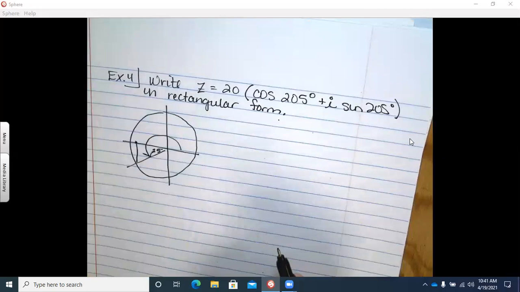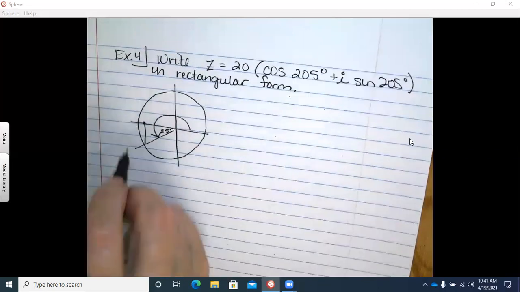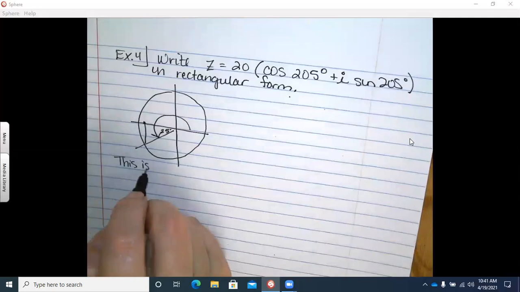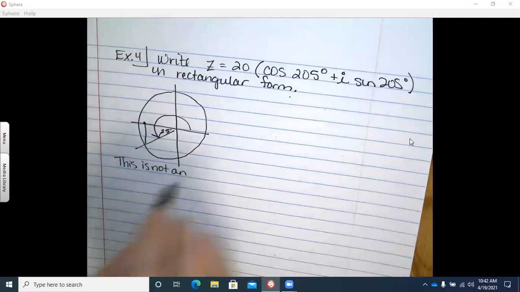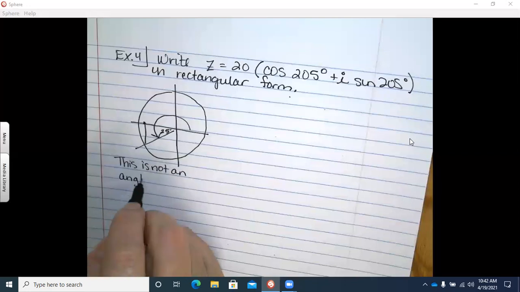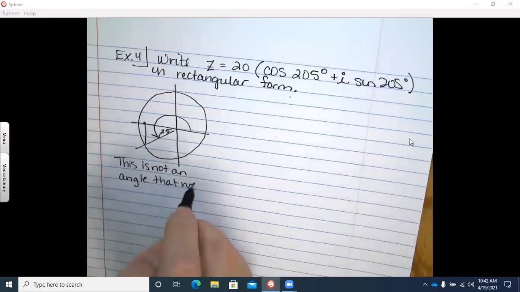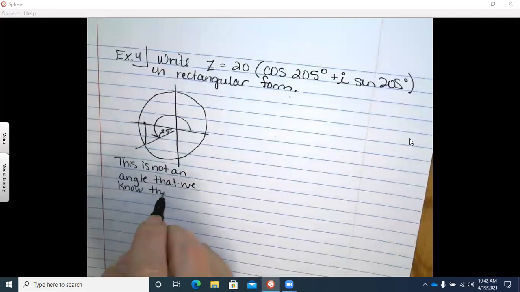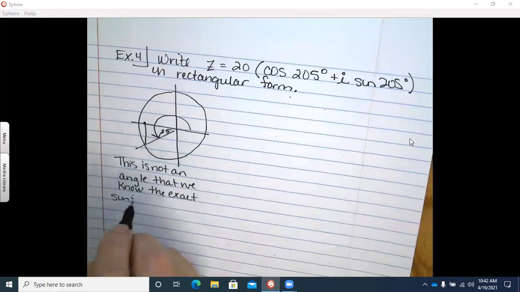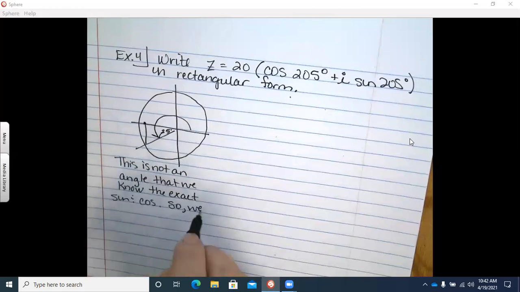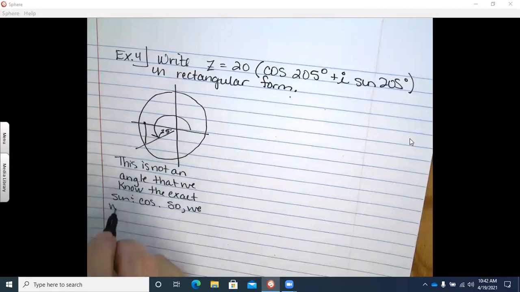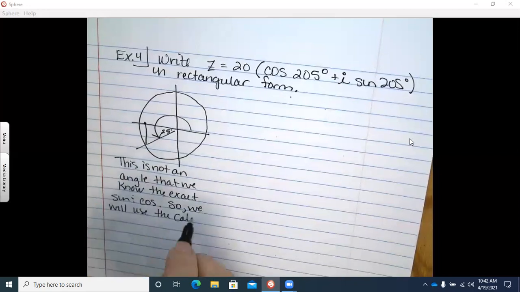No. So this is not an angle that we know the exact sine and cosine of. So we will use the calculator to estimate.